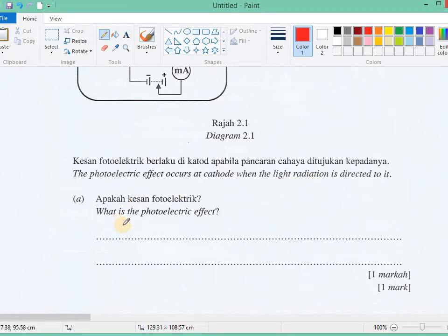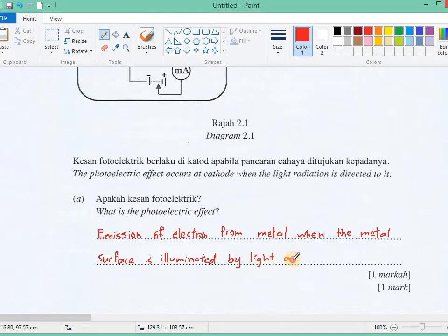What is the photoelectric effect? Okay, this is the emission of electron from metal when the metal surface is illuminated by light at certain frequency.